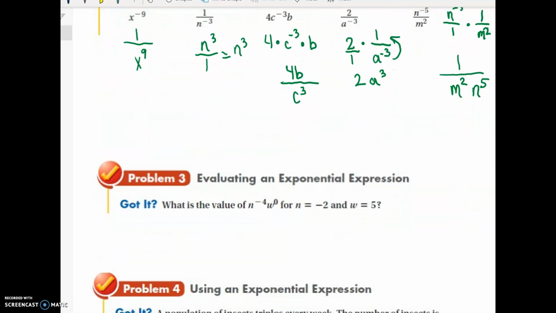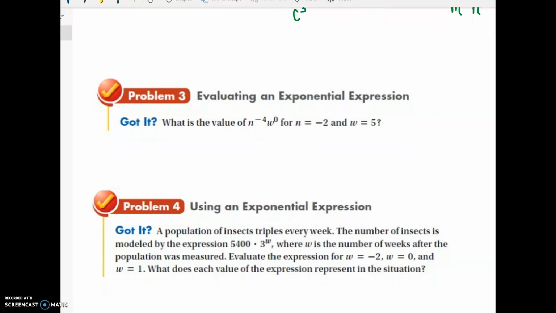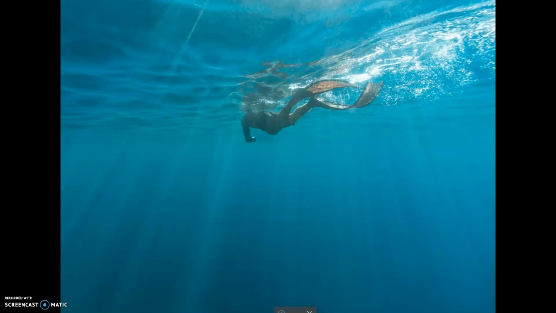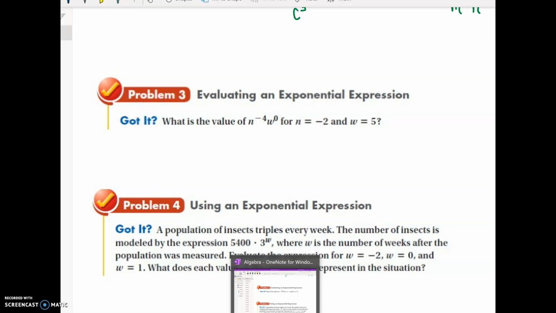Now, we can also evaluate an expression. So I could look here at what is the value if we know n is negative 2 and we know w is 5. So I'm going to go ahead and rewrite it.